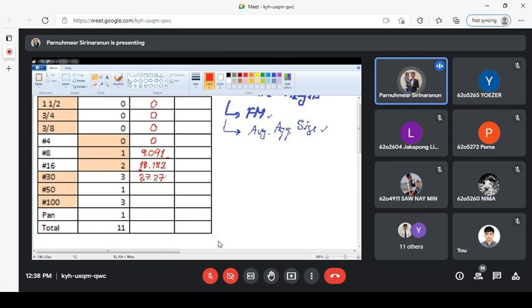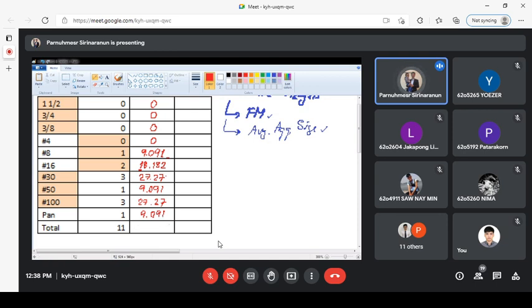No, because it begins with number 2, larger than number 1. Clear? So this number you computed already: 9.091, 27.27, 9.091.